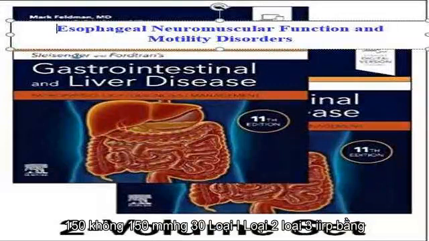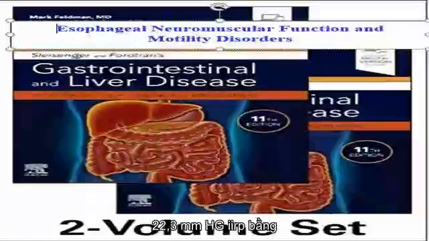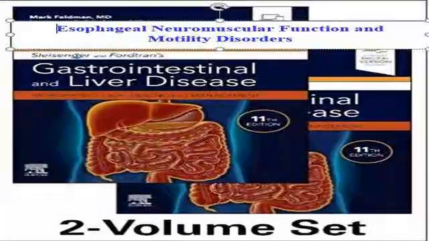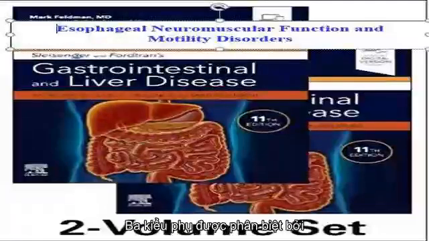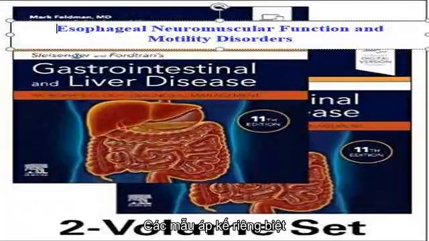Type 1, type 2, type 3: IRP equals 22.3 mm Hg, IRP equals 24.2 mm Hg, IRP equals 29.8 mm Hg. Fig 44.14, achalasia subtypes. The three subtypes are distinguished by distinct manometric patterns of esophageal body contractility.